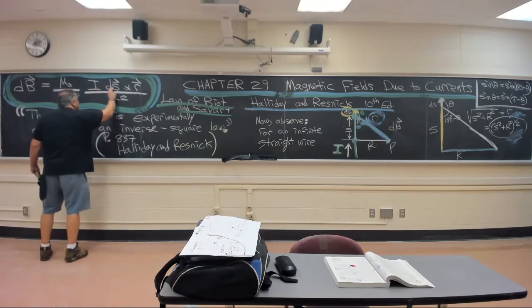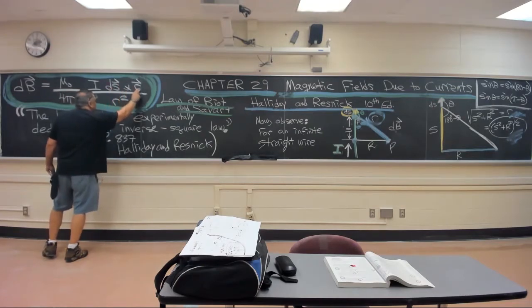So the differential element ds vector cross the r vector.